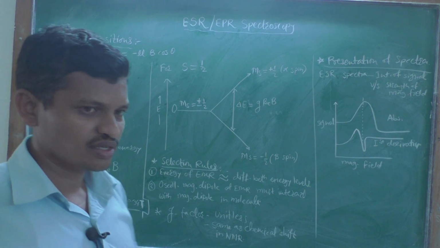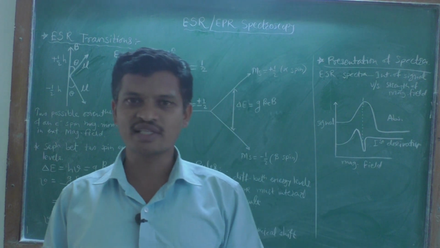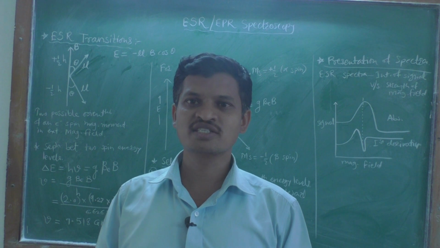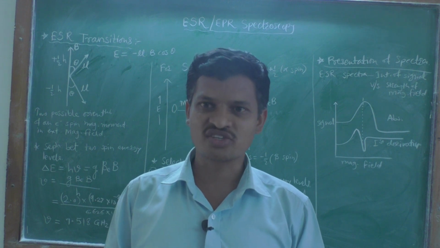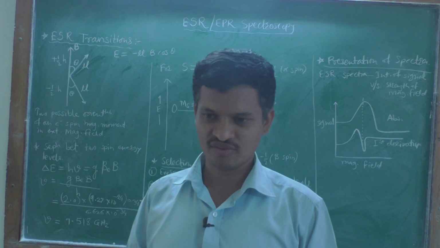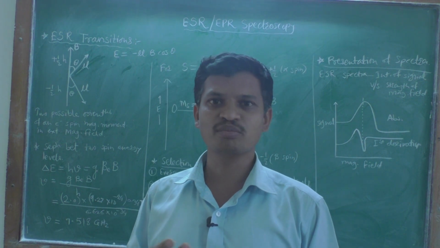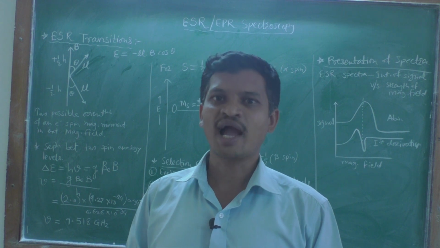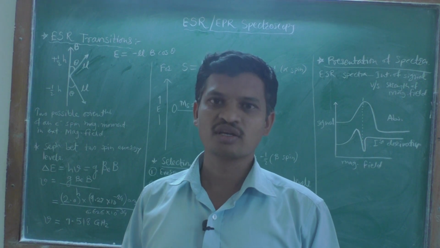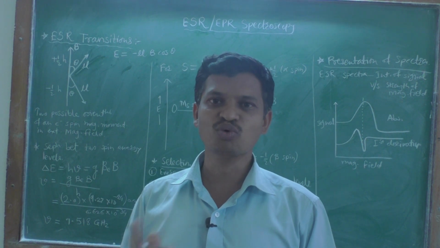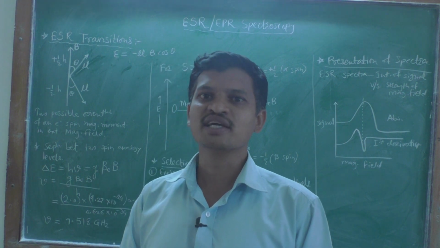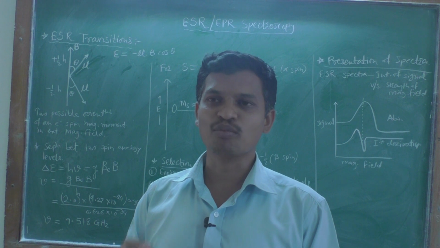We know that in the last lecture we saw that a moving electron having a charge can generate a magnetic field around itself. As the electron is a charged particle, when it rotates or moves, it produces a magnetic field, and that magnetic field has its own magnetic moment.